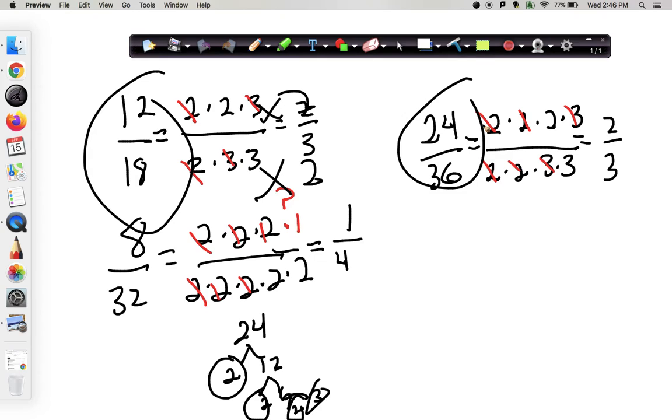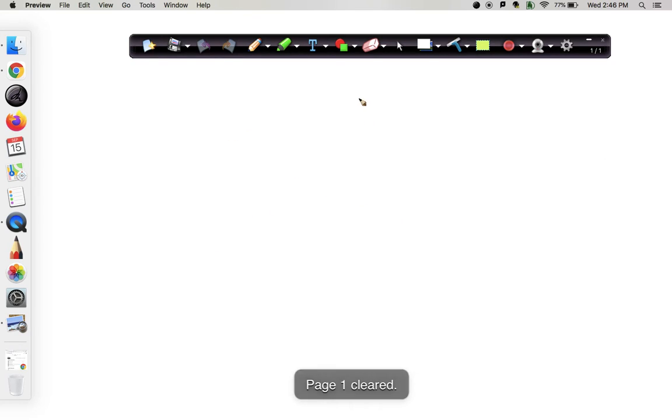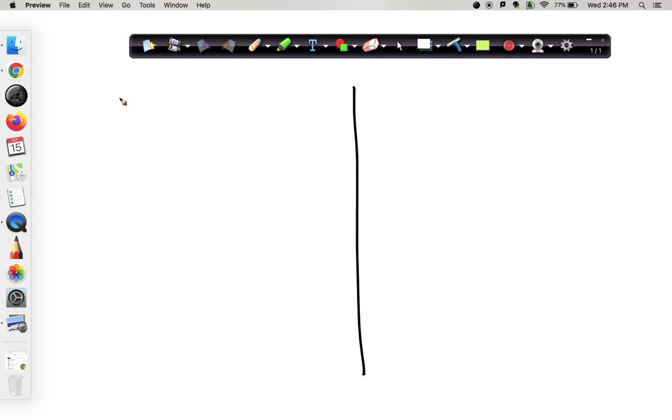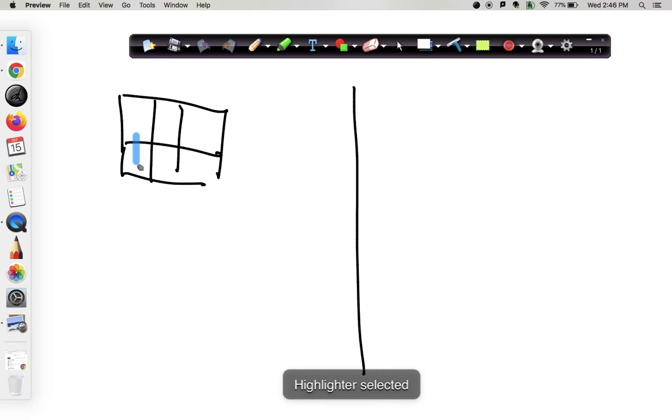We also talked about having a place to document our thinking. For example, there was a problem, let's say that this was the problem on quizzes. So we've got this problem where 2 out of 6 are shaded.